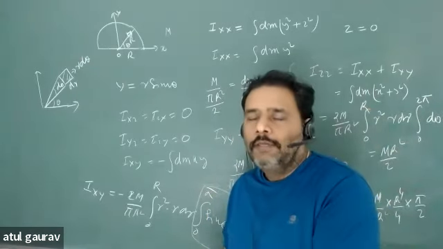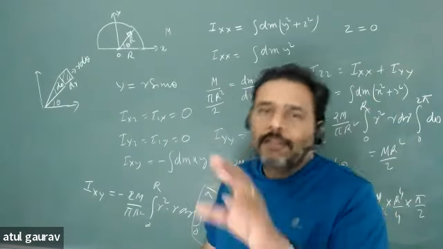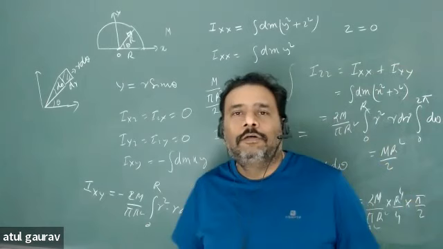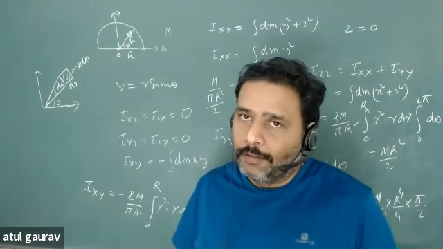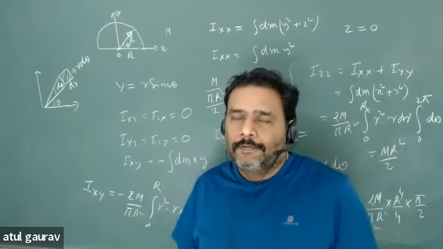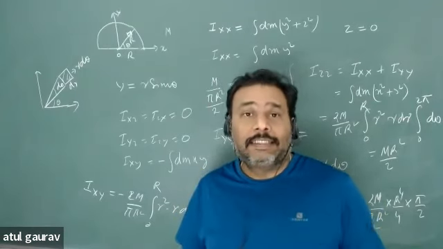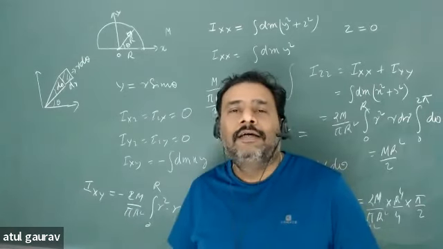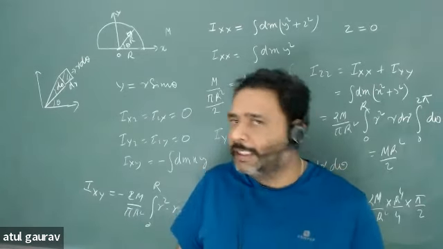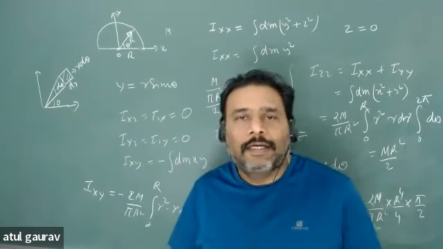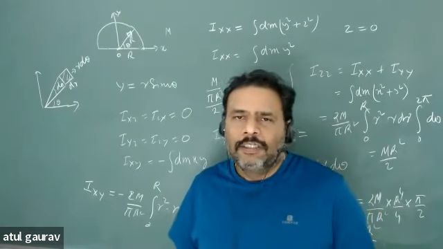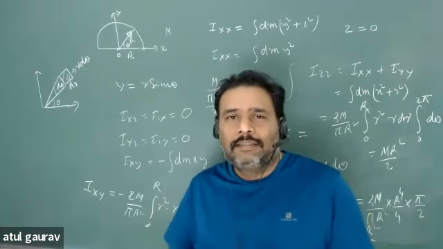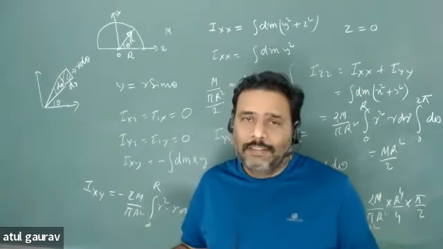You have only moments of inertia. And for this particular system, your moment of inertia is also the principal moment of inertia. Because you took the x axis, y axis, z axis so beautifully, your moment of inertia and principal moment of inertia both became the same. So in general, we have to take our origin there if it is possible.